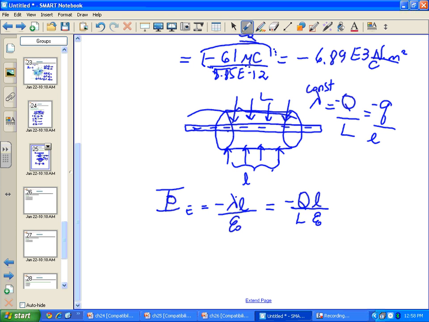So if lambda is what's given to us, and we know the length of the cylinder, we use this expression for Q. If, on the other hand, we happen to know the total charge, the total length, and we're given the length of the cylinder, then this would be our choice for determining the charge inside.